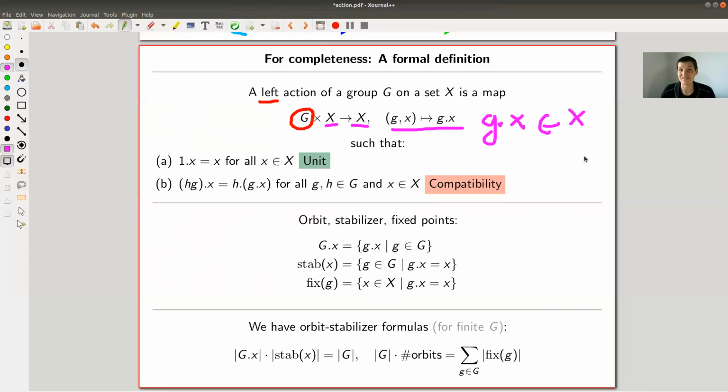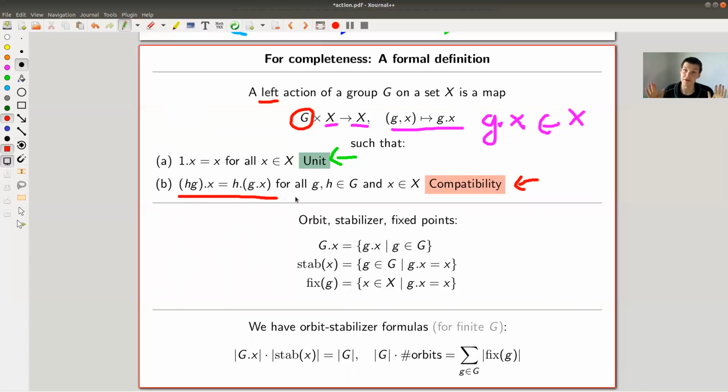Okay, and this is my group action. So g acts on every element by a certain operation, and the only thing I would require is exactly what you have seen from the pictures before. I would require that the identity, the trivial element in my group, acts as 1, and that the action and the group multiplication are compatible.